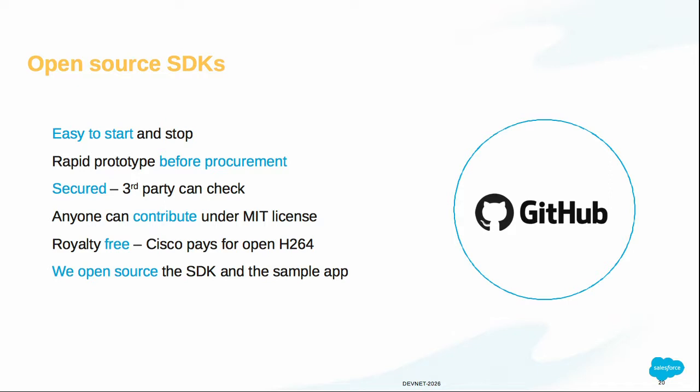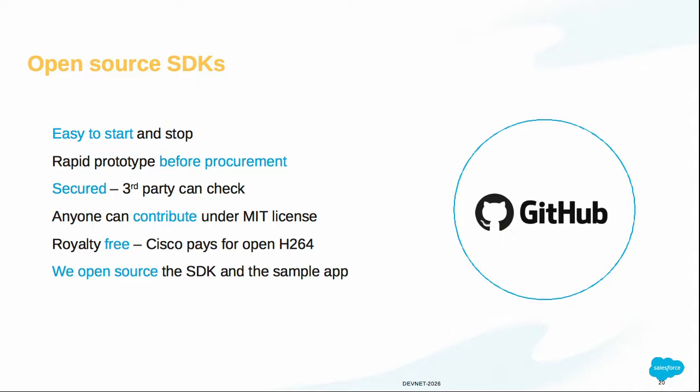We actually pay for the licensing for H.264 to make the voice and video the highest possible quality. But all this code is actually on GitHub, so you can go inspect it. You can look at it. You can have your security people run their tools against it. You can even modify it.